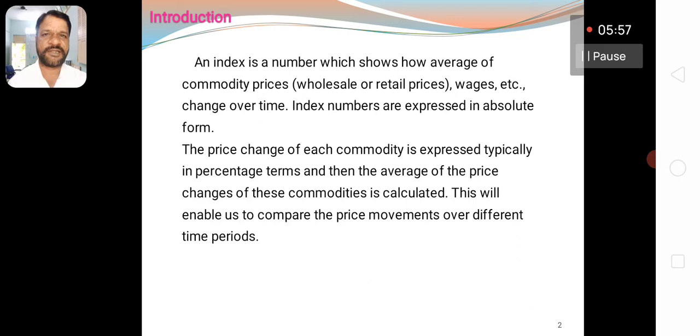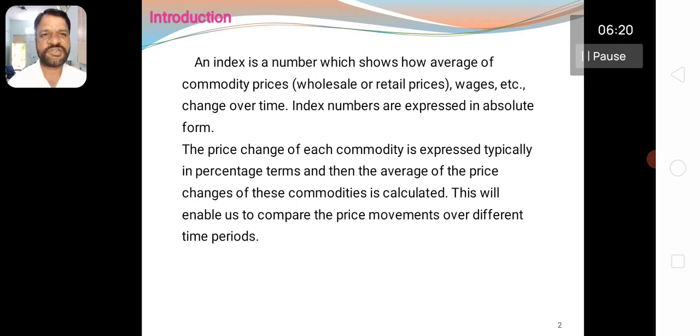Then what is the rate of wages in the year 2015? Then what is the wages in the year 2021 over a period of 5 or 6 years? Then what is the amount by which wages have increased over a period? That can be discussed and studied.